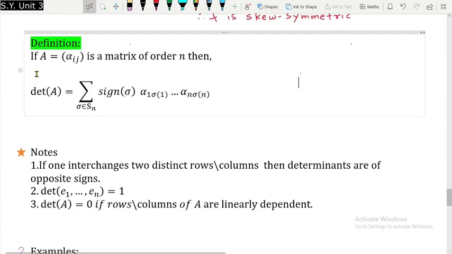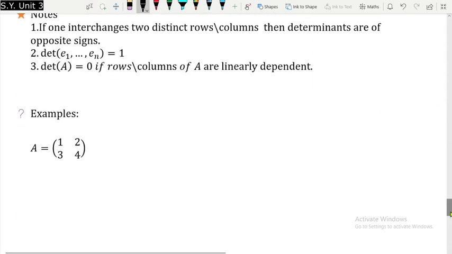So first of all, we are supposed to give the notation to the matrix A. What is the notation in the definition? It is alpha ij. So I will give the notation over here as the same alpha ij, but since it is a 2 by 2 matrix, alpha 1 1, alpha 1 2, alpha 2 1, and alpha 2 2.